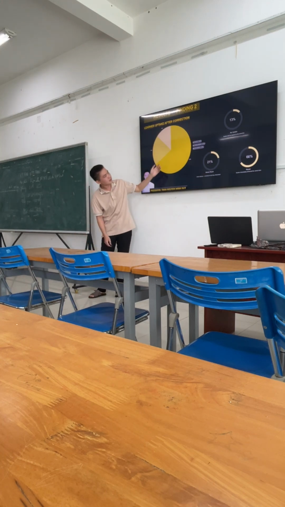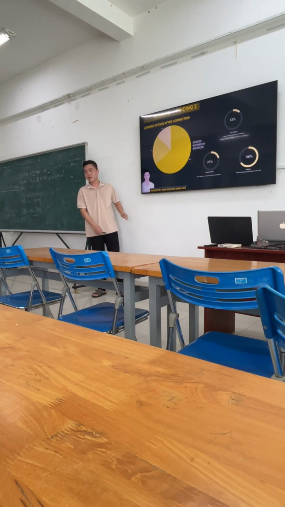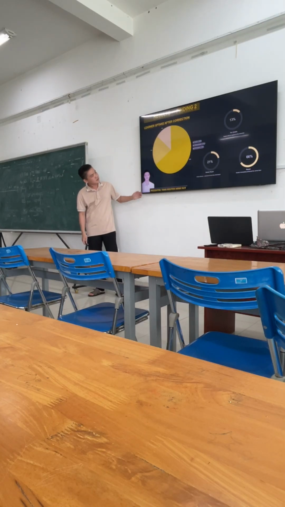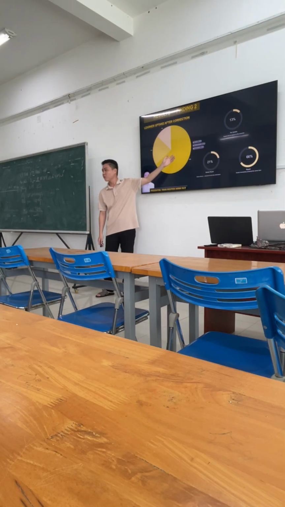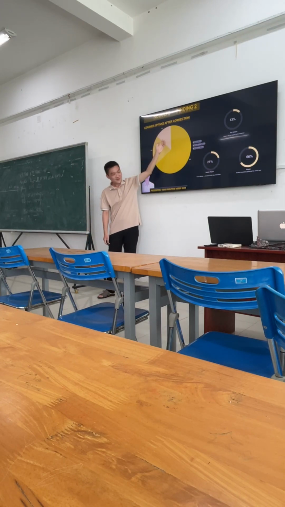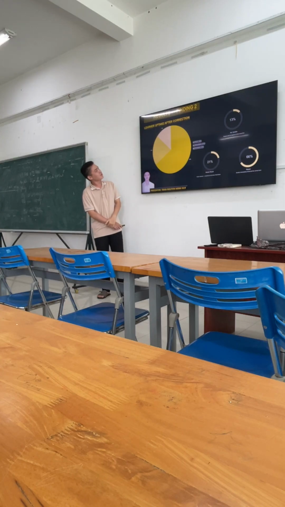In finding 2, as you can see on the screen, most students repair their mistakes after receiving feedback. About 66% repaired the errors, 21% still needed more help, and only 13% showed no mistake.